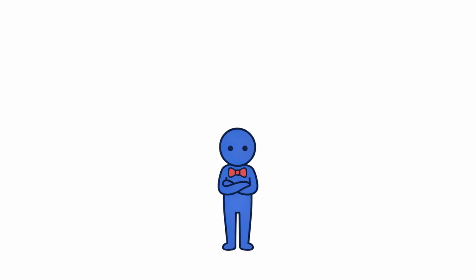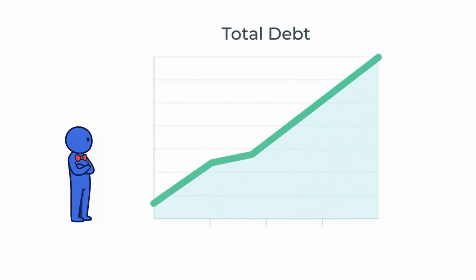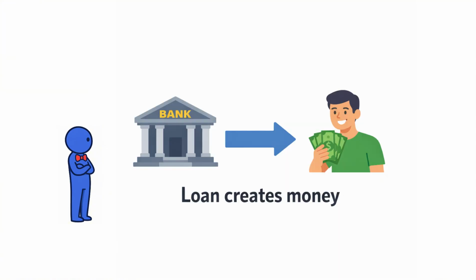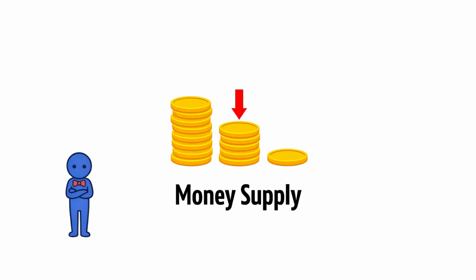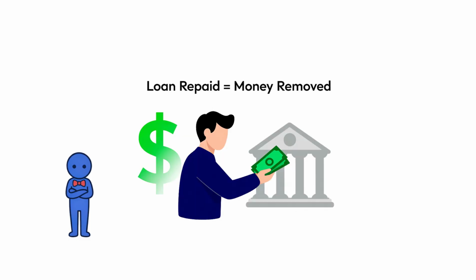This also illuminates something else: why debt tends to trend upward over time. In a system where money is created through lending, sustaining economic activity requires sustaining credit growth. An economy that stops borrowing does not simply stay the same. It contracts because the money supply itself begins to shrink as old loans are repaid and new ones are not issued to replace them.